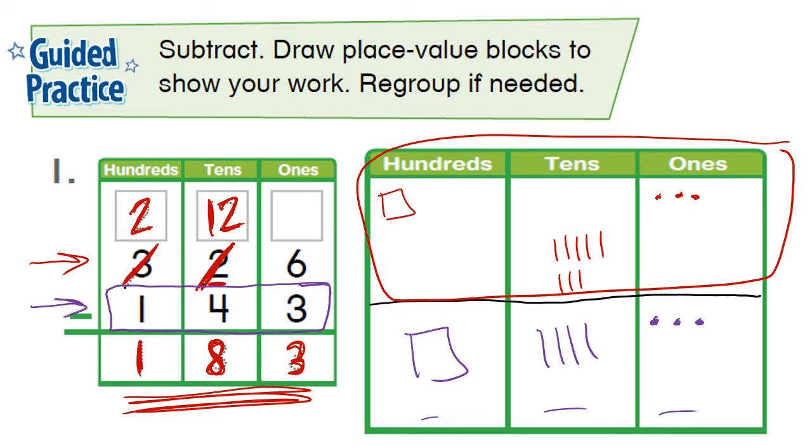Now to check your work, what we can do is add up everything that we see here. And that should equal our minuend, which is the top number.